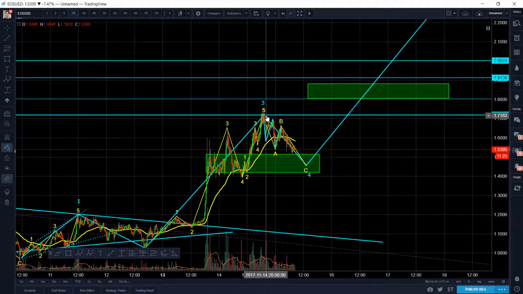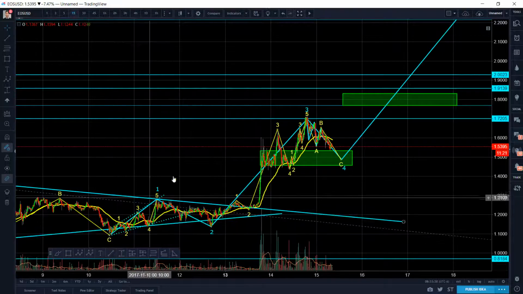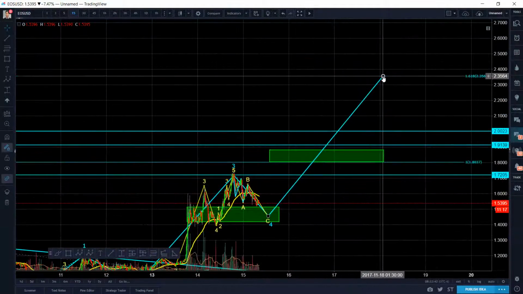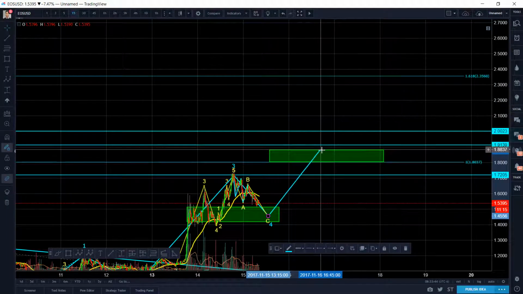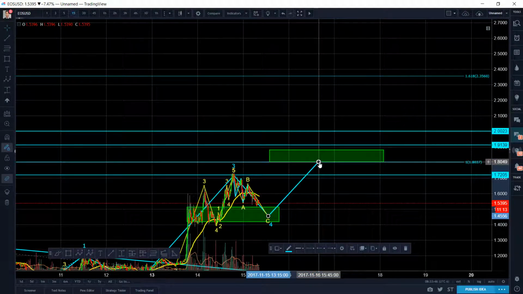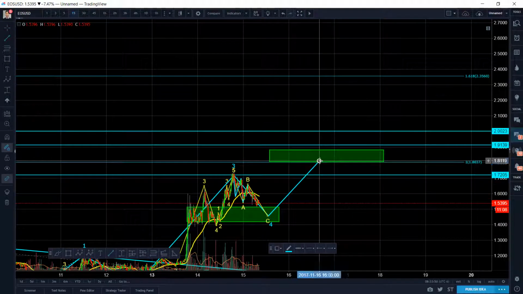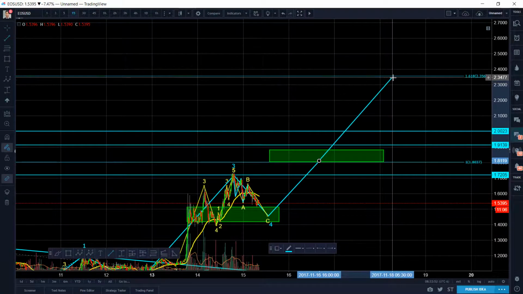So don't be scared, guys, that we're only 7 cents off right now. After we rationalize everything, 1, 2, 3, 4, we have a possible fifth wave right to here. And it's going to happen whether you guys are in it or not. Now, the beauty is if we get this wave right here. I'm hoping for this wave right here.